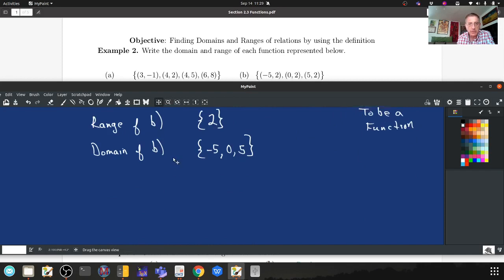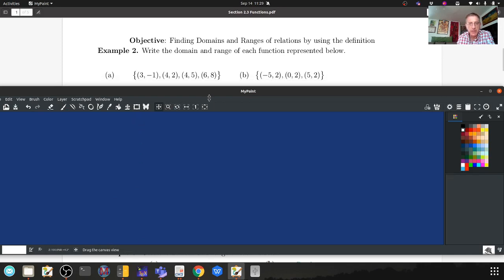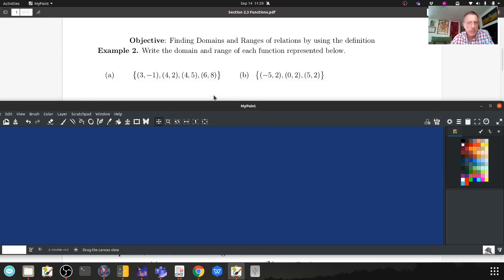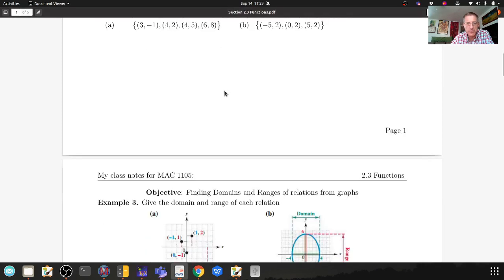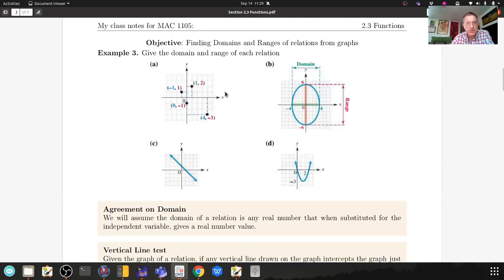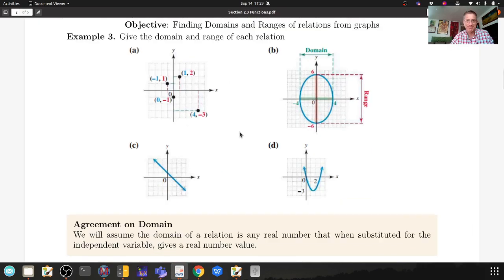And I think maybe just leaving it at that and looking at some visual examples will be more helpful. So now we have some graphs. So we've got to decide how to define the domain and the range of relations from graphs. So here I have 1, 2, 3, I got 4 different graphs.